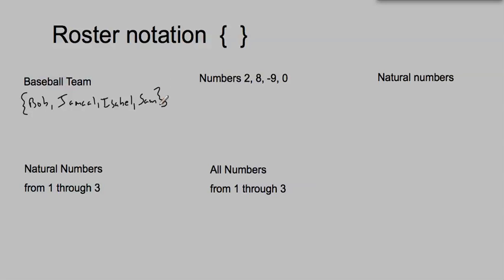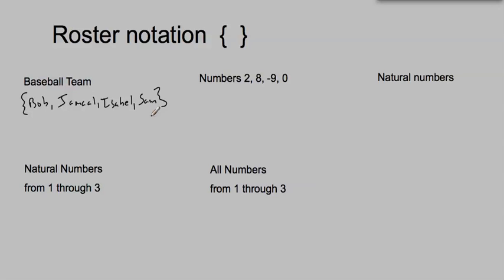Well, the set of baseball team members that I have is listed in this roster. This is roster notation. I have 1, 2, 3, 4 elements: Bob, Jamal, Isabel, and Sam.